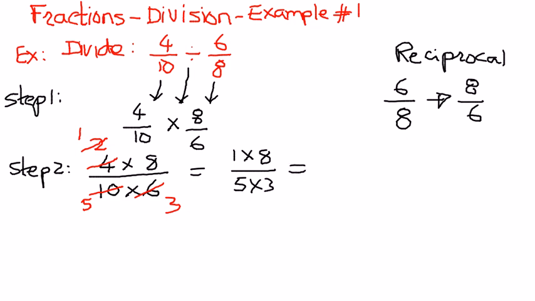So 1 times 8 is 8, and 5 times 3 is 15, and therefore 8 over 15 is the simplified form of this division of these two fractions. 4 over 10 divided by 6 over 8 simplifies to 8 over 15.